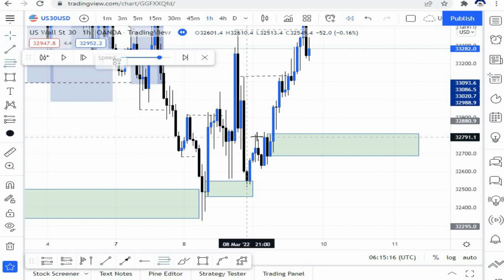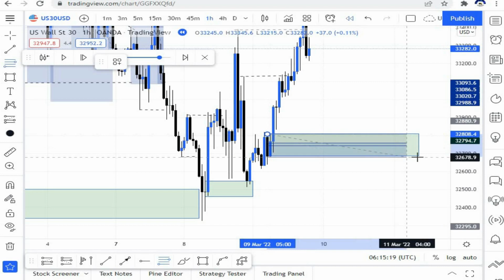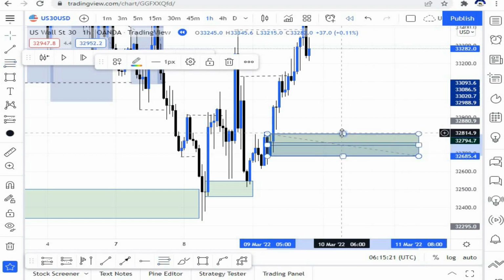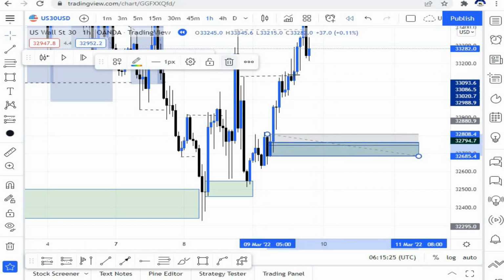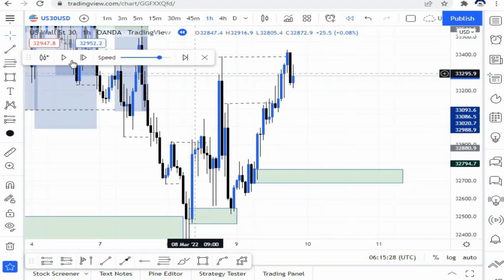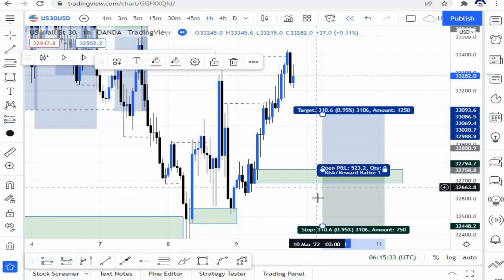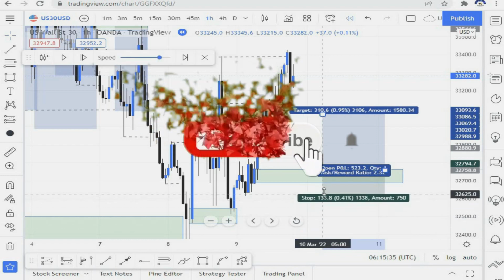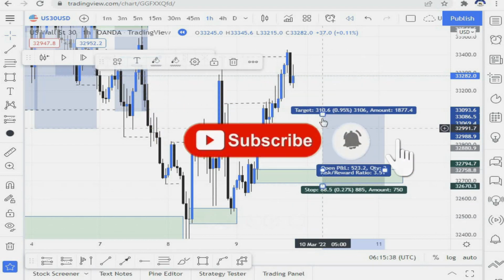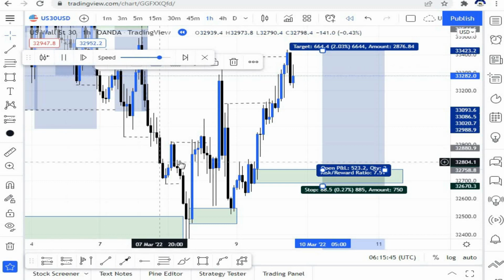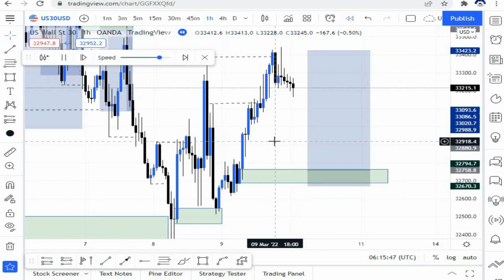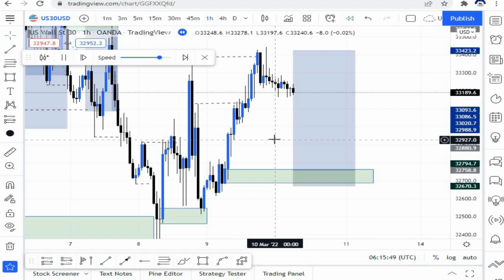I use my premium and discount, right, to look for proper entries, something like this, and then you wait for the price to come and pick your orders, right? SL below this zone, targeted high, this one. Let's see what the price will give us.